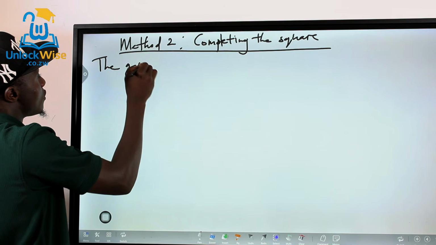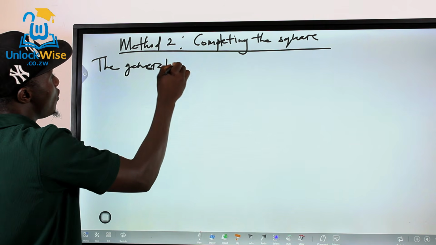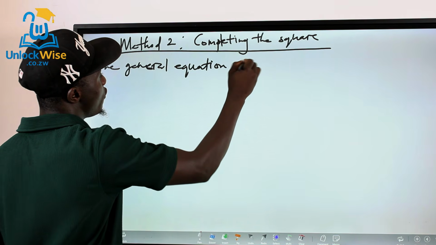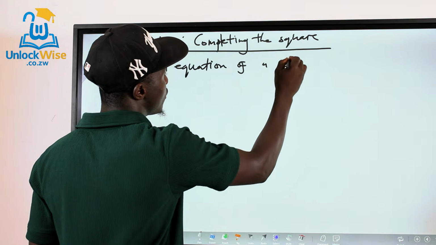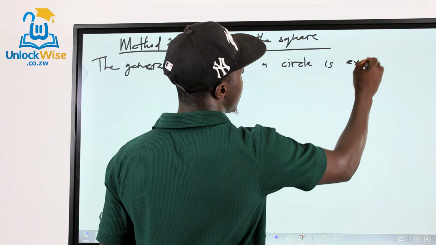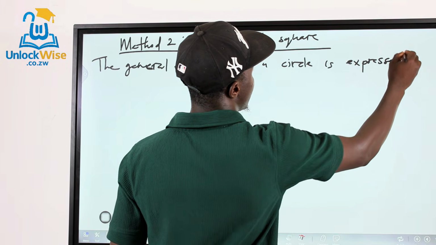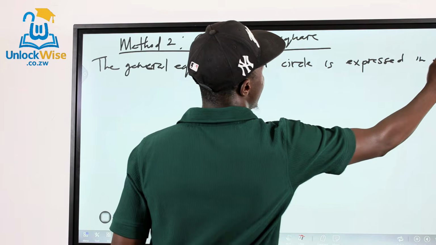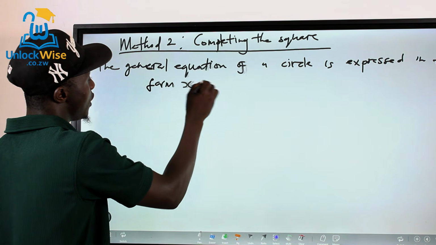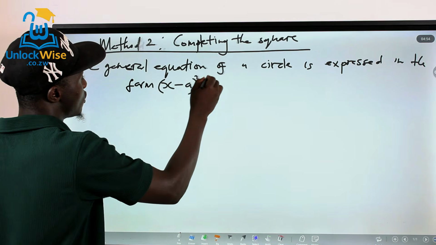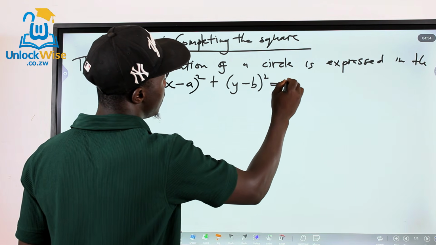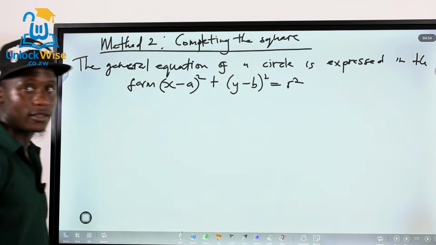When completing the square, the general equation of a circle is expressed in the form (x minus a) squared plus (y minus b) squared is equal to r squared.